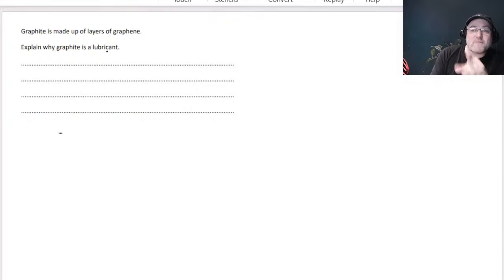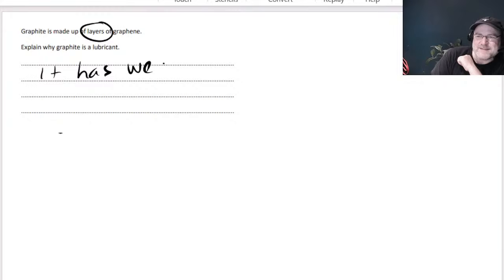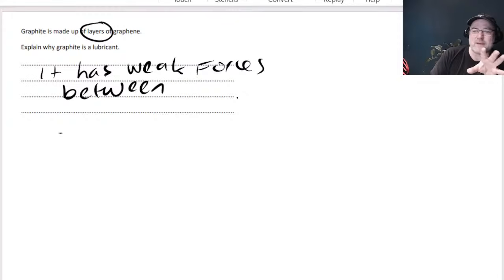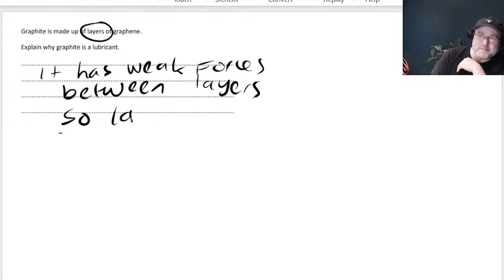Right. Graphite is made up of layers of graphene. Explain why graphite is a lubricant. So all we want to do is say it. Oh, it already told us it's layers. They won't give us a mark for layers. Now we want to say it has weak forces between layers, so layers can slide.